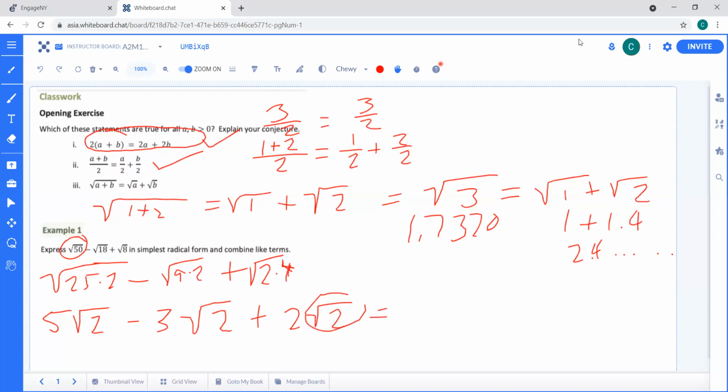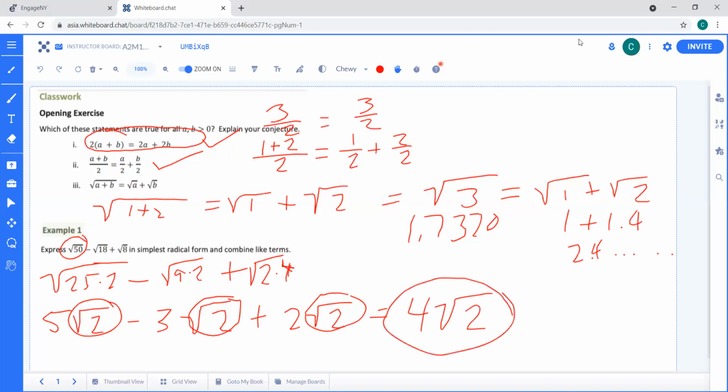Now that we have all these as the square root of 2, we can just simply perform the operation. So 5 minus 3 is 2 plus 2 is 4 square roots of 2. And that's how we would leave that one. There we go. That goes there. And then we just bring like terms. Okay.